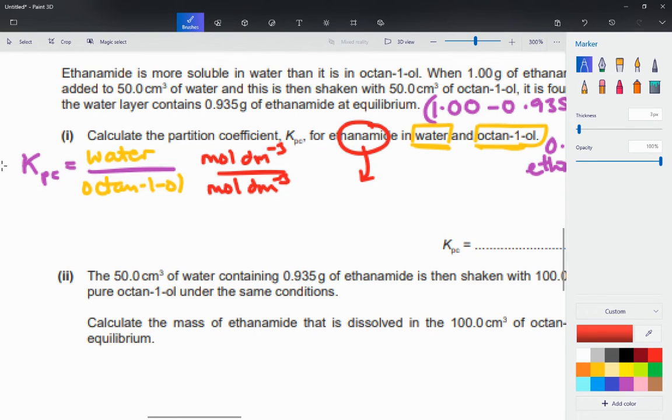So the number of moles equals mass over molar mass, and I need to work this out because I've been given the mass. To convert from mass to moles, you have to divide by Mr. So you might be tempted to go down that route.